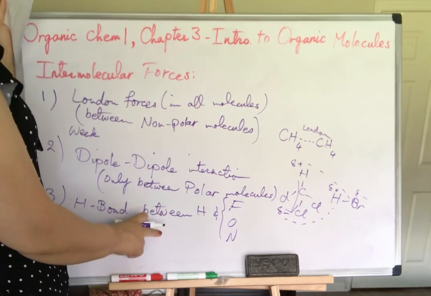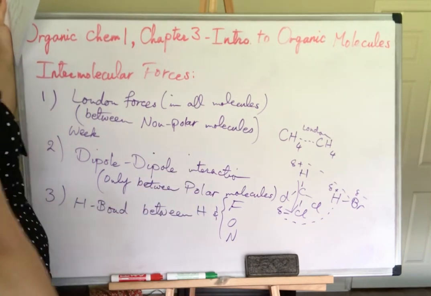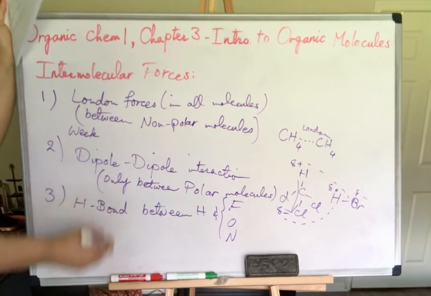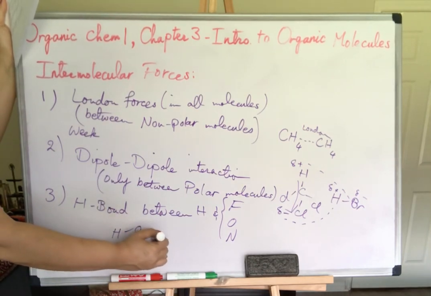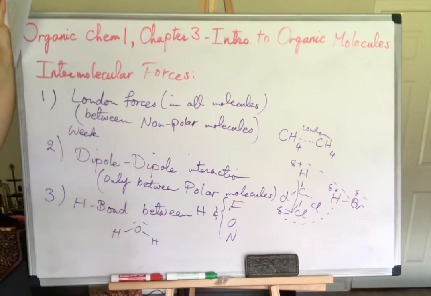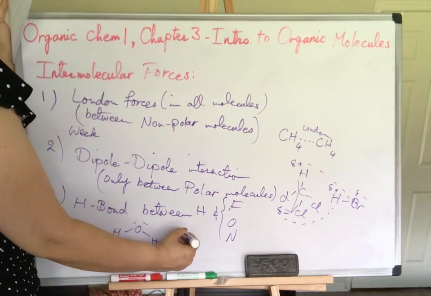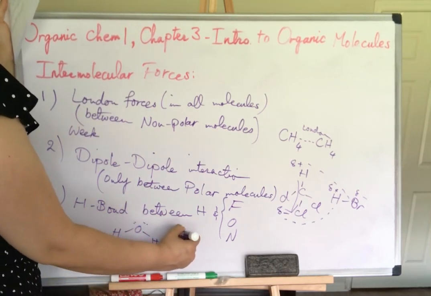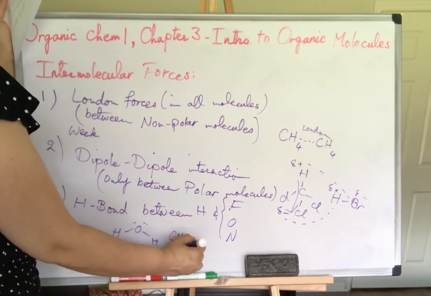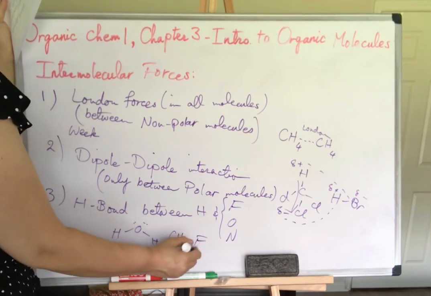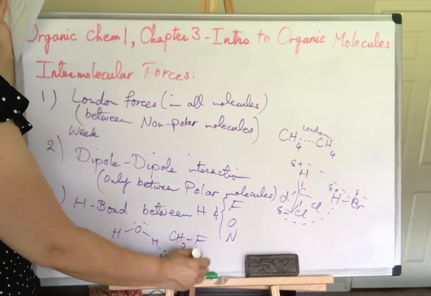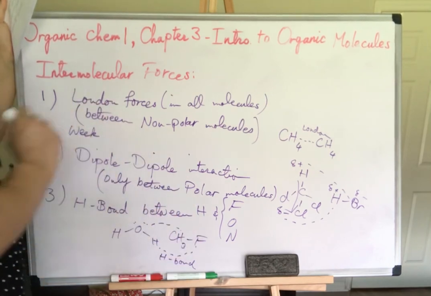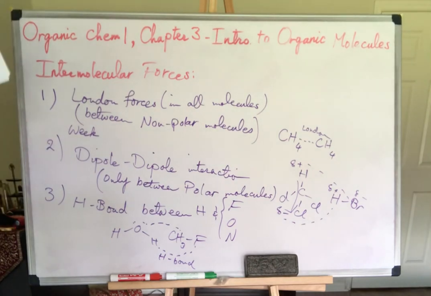So hydrogen of one molecule and fluorine, oxygen, or nitrogen of another molecule, like let's say between water. Some of my examples are inorganic, okay? And let's say you have CH3F. So between fluorine and hydrogen, you have a hydrogen bond. And between these hydrogens and oxygen. So hydrogen bond is the strongest.